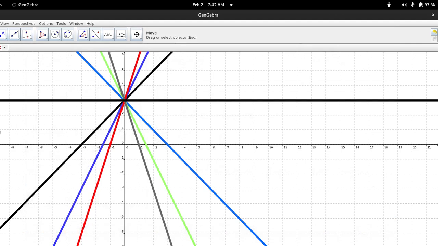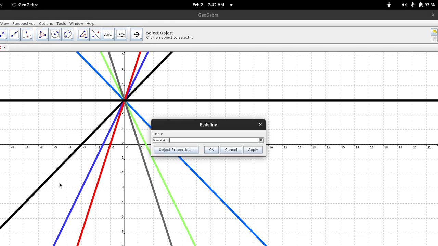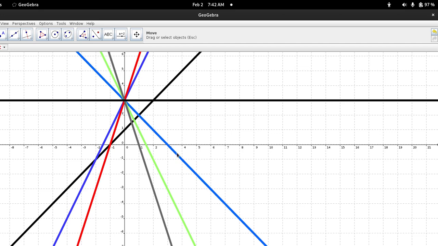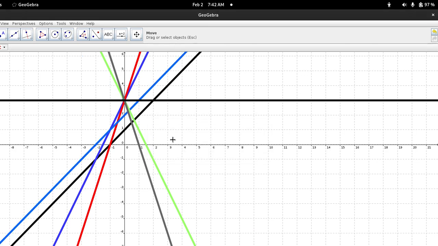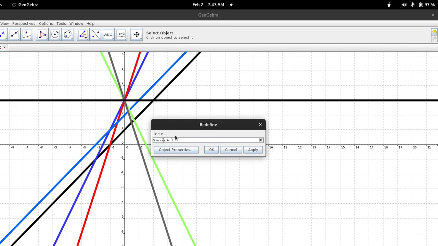Let's just change these now. We have x plus 1. Alright? And let's change this to x plus 2. Remember, we're saying that we have x plus c, so we're changing the c. Then this to x plus 3.